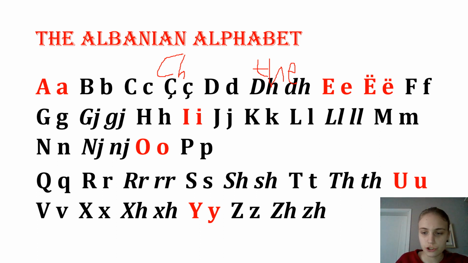Now we have h, which we pronounce h, the same way as it is said in words in English. Then we have E. So we say I when we see this in English, but it's actually E, the same way you pronounce E in English.